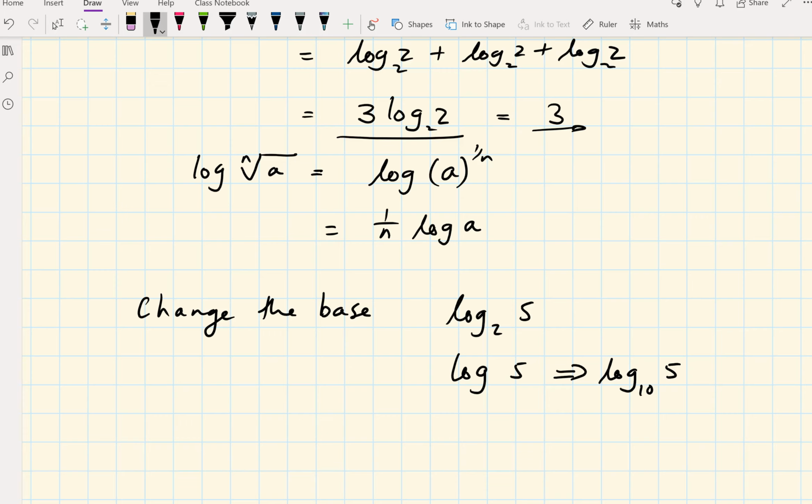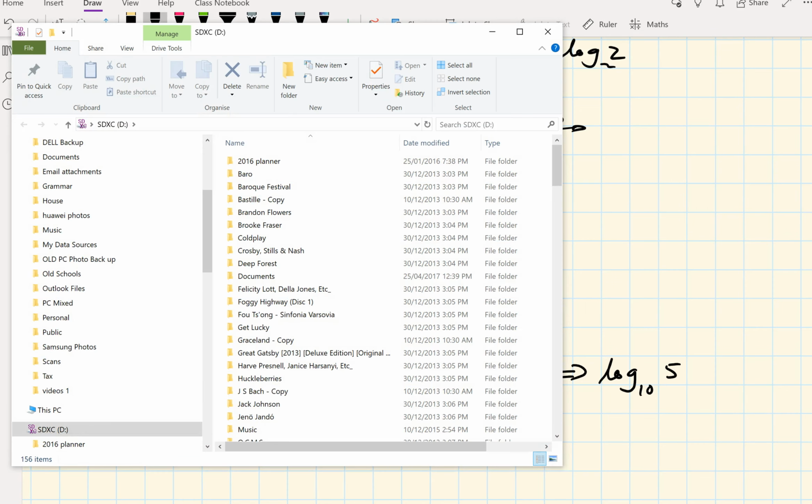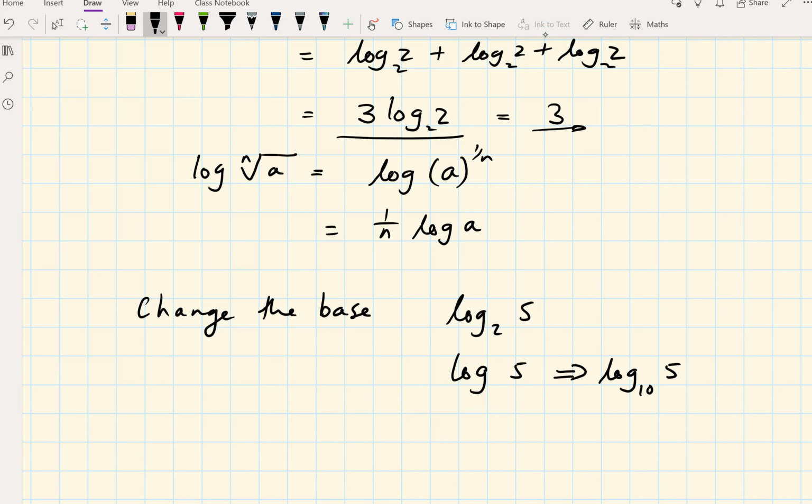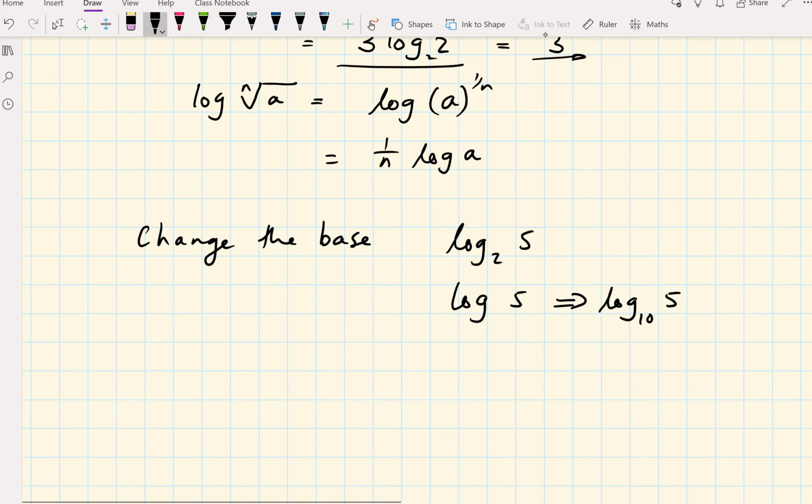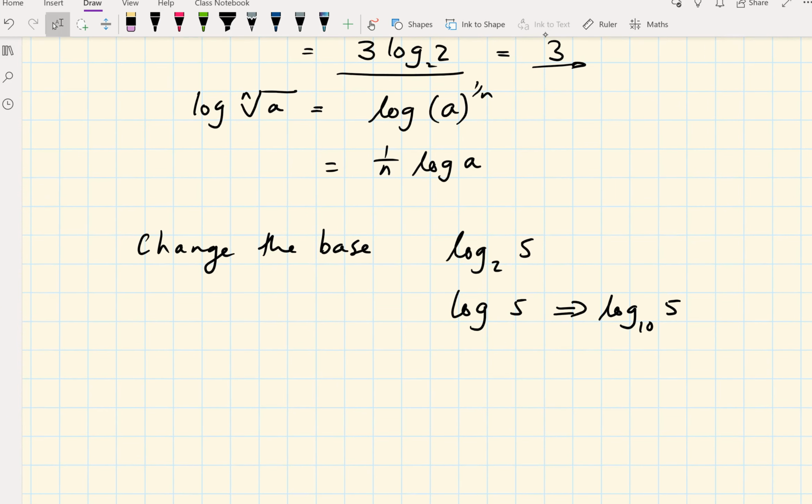And so it's really useful to be able to work with the base 10 because that is what our calculators are tuned to do. So how do we go about changing this one up top over here? How can we calculate that on our calculators? And there is a way in which we can do it. To do that, we need to look at this basic principle.